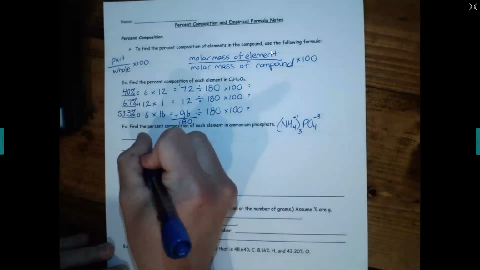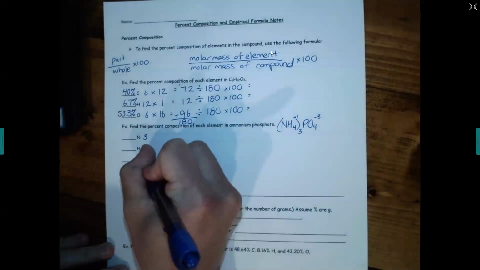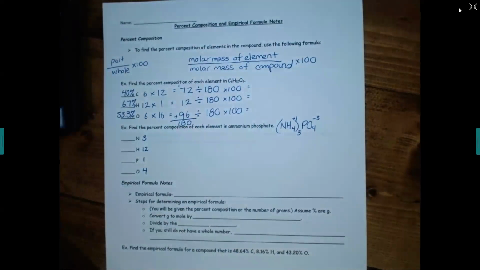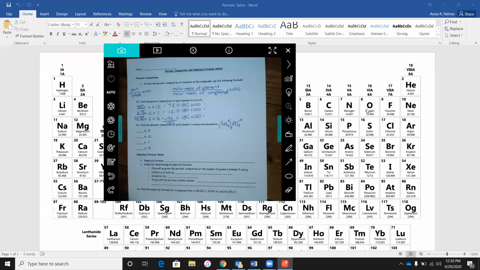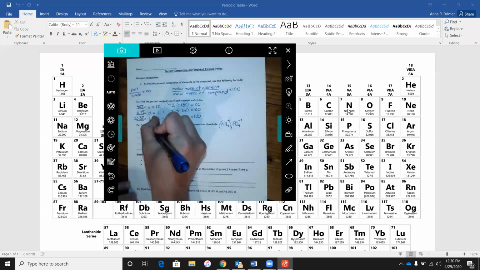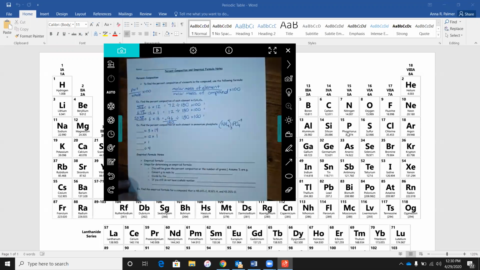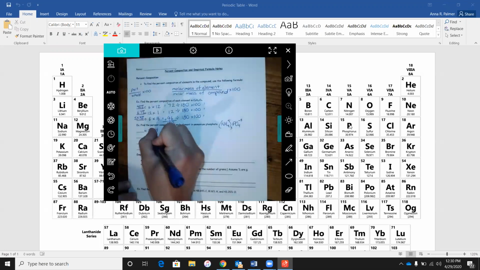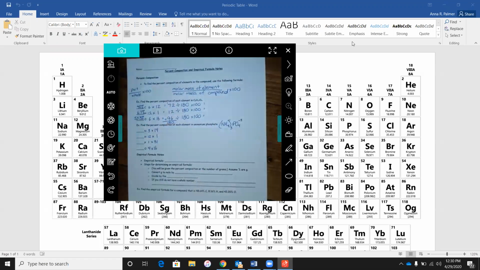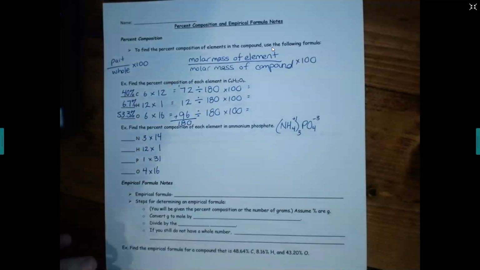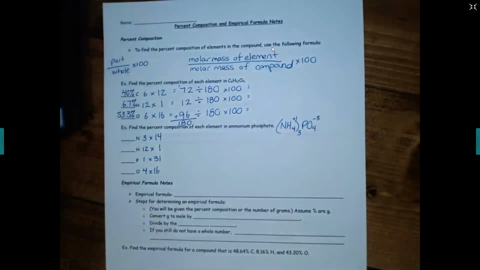We have 1 phosphorus and 4 oxygens. Now going back to our periodic table, nitrogen's mass is 14. Hydrogen's is 1. If you look at phosphorus, we're going to round that to 31. And then oxygen is 16. So we're actually done with the periodic table now. So we'll do all that math.